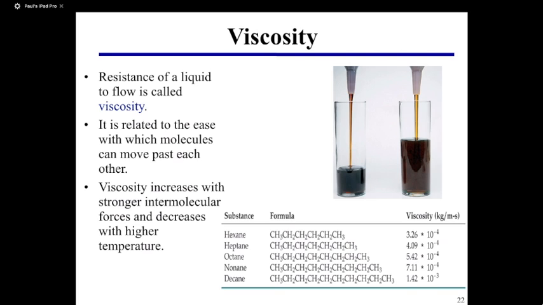All right? Now, viscosities will change if you give it enough temperature. If I heat up a molecule, then they have more kinetic energy, they overcome the attractive forces, they can flow better, they can flow faster.